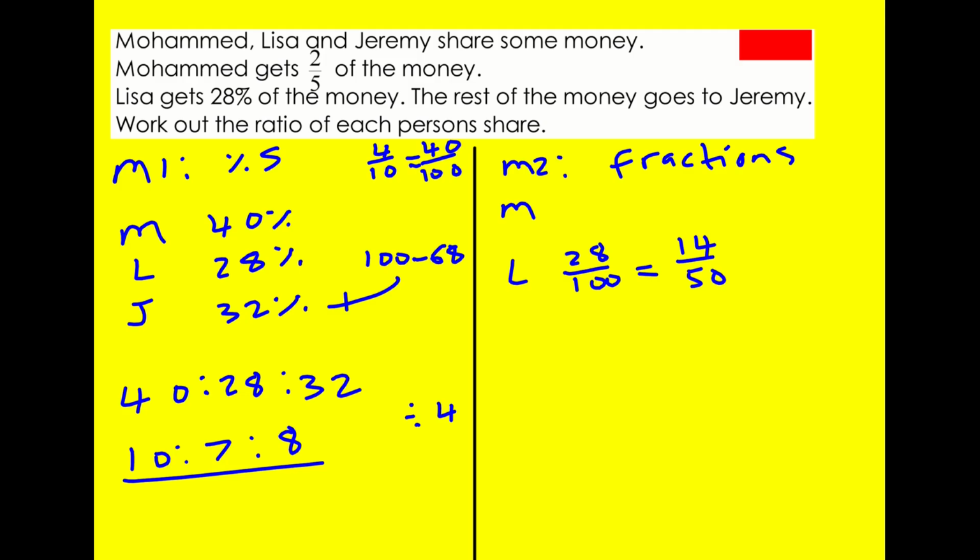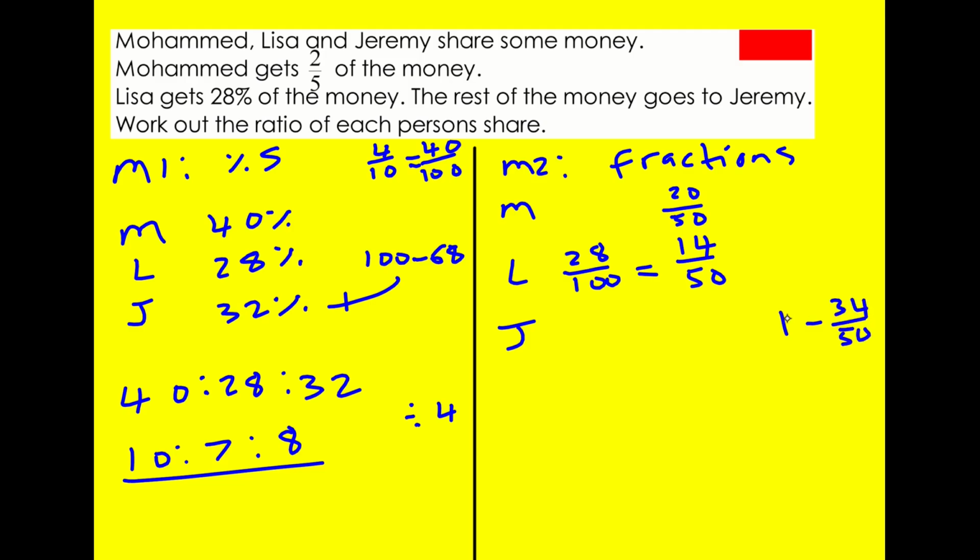So I can see that Mohammed is going to be 20 over 50, because I've just multiplied through by 10. And then Jeremy's going to be the rest. Well, this is 34 over 50. So I'm going to need to do 1 minus 34 over 50.